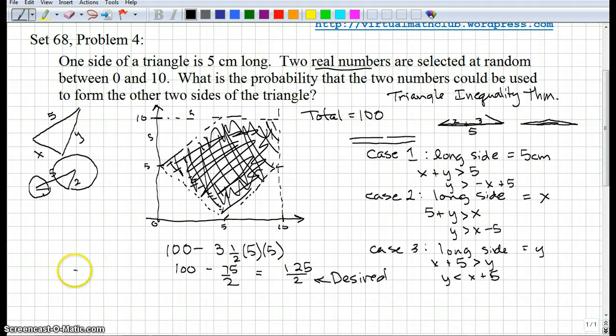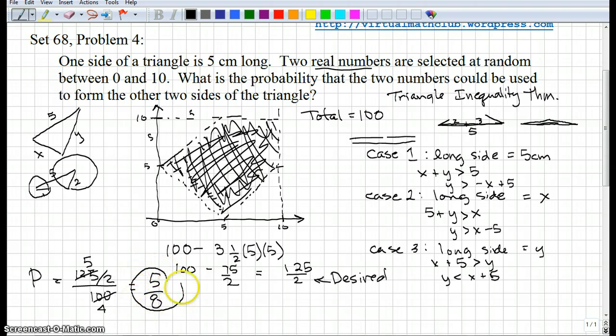So the probability is equal to 125 over 2 divided by 100. Let's simplify that down a bit. I can essentially take 25 out of each one of these. This is 5 times 25. This is 4 times 25. And then I've got this over 2 thing, and I can put that on the bottom. So I end up with 5/8.